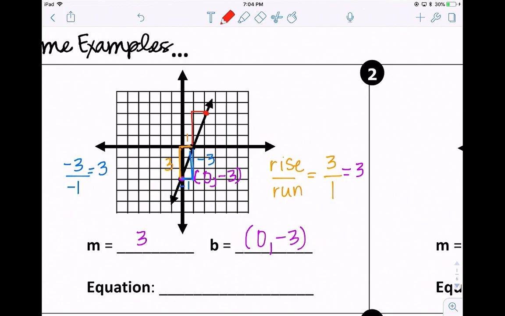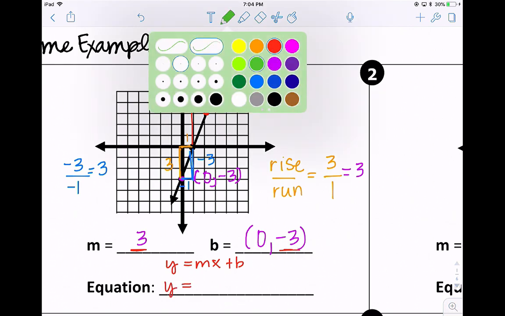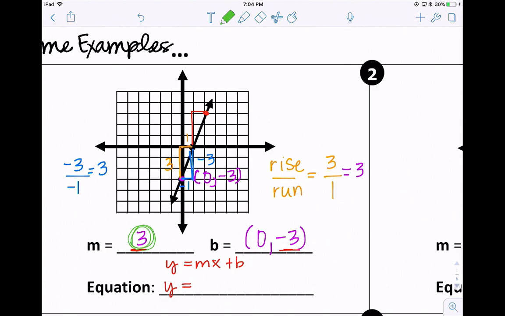Okay. All right, so when I'm writing the equation, all I'm doing is plugging in my m and my b value into y equals mx plus b. So my equation is going to be y equals, my m was 3, this 3 right here, so 3x.